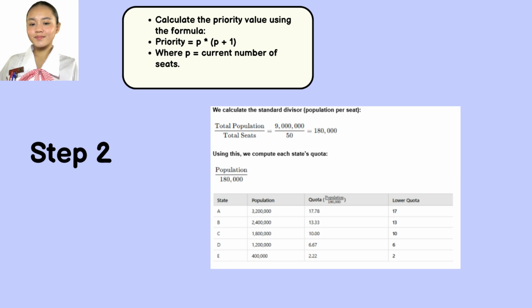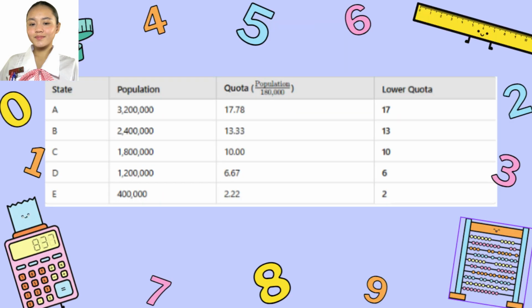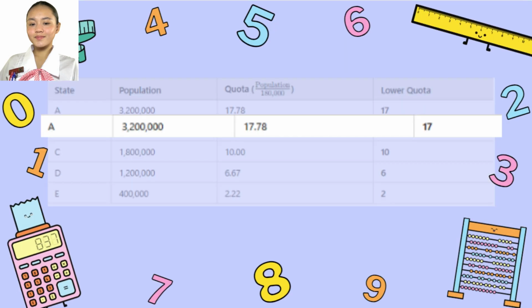Using this, we compute each state's quota by population divided by 180,000, which is the standard divisor. So for State A, 3,200,000, the quota would be 17.78 and the lower quota is 17.